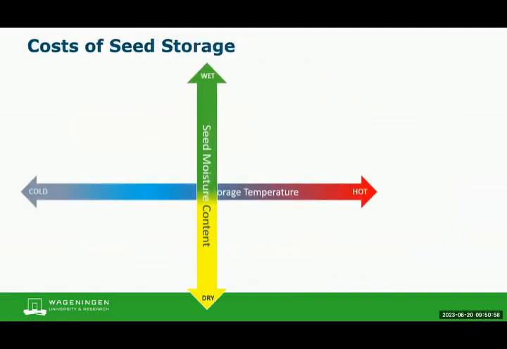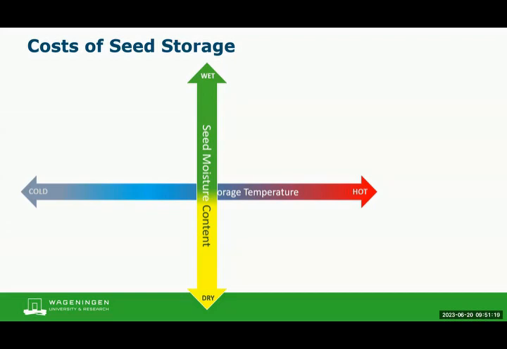Now let us see the different kinds of seed storages that are available, and let us compare the costs, or the kind of investments that are necessary for these seed storages. In this diagram, the vertical line is the seed moisture content.